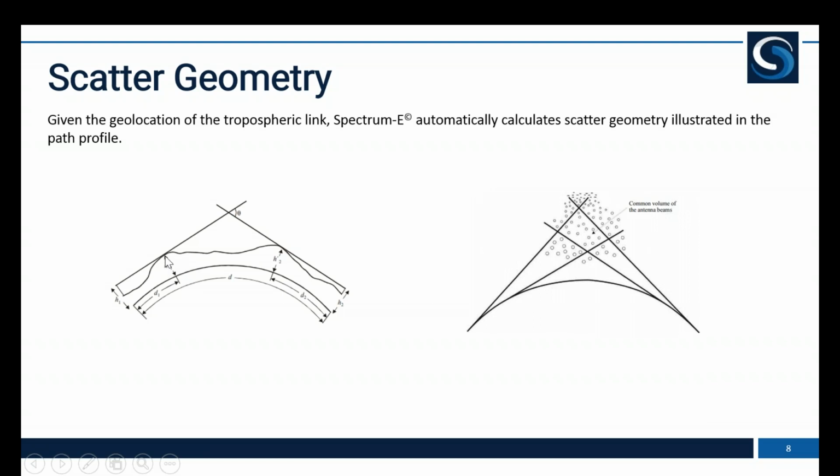And that is what is depicted with this line here, with this arrow and this peak. So we find this point for the transmitter side, and we find the other point for the receiver side. And at the intersection of those two line segments, that's where the scatter angle is constructed in the path profile.